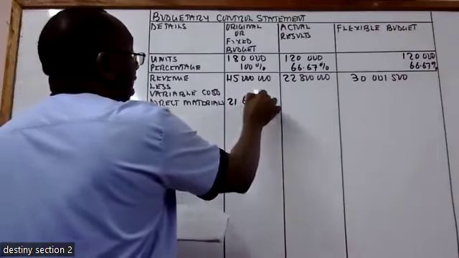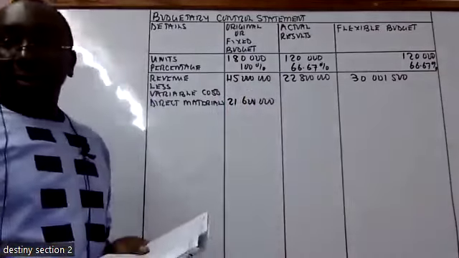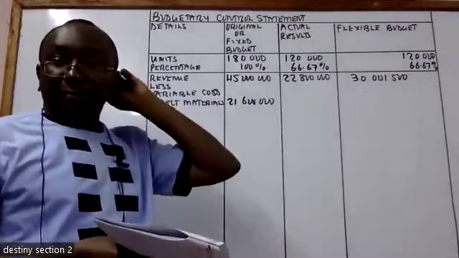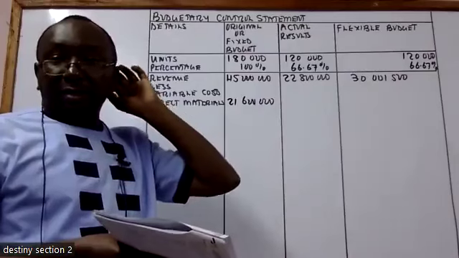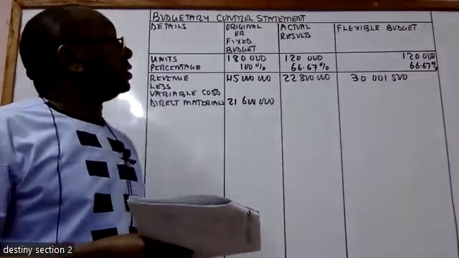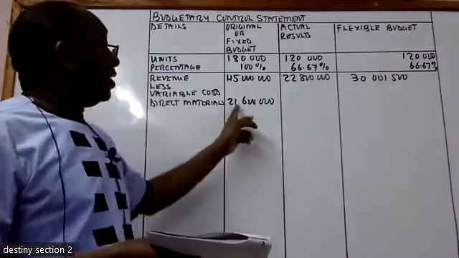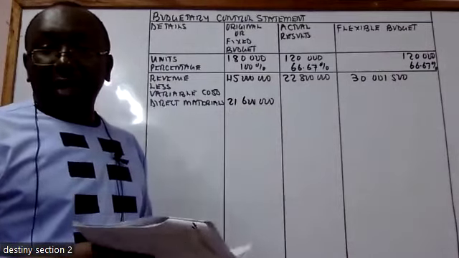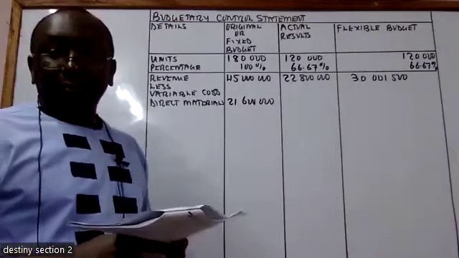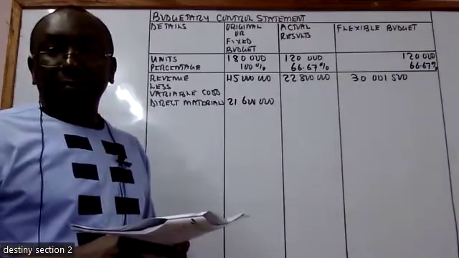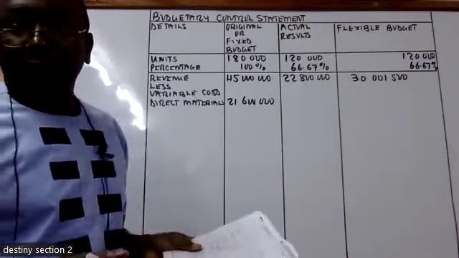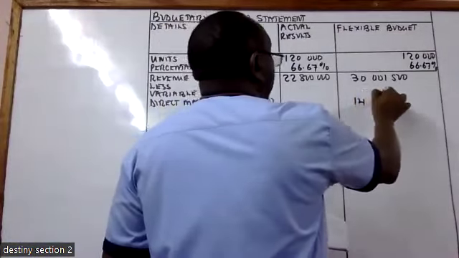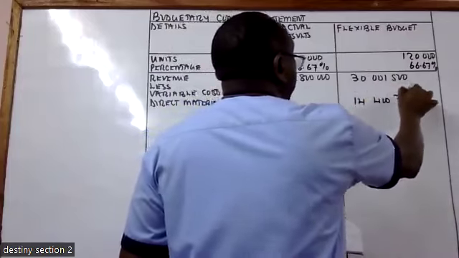Before you move out of that, because this is variable, give me 66.67% of this value and write it in the flexible before you clear it from the calculator. That is 14,400,720.